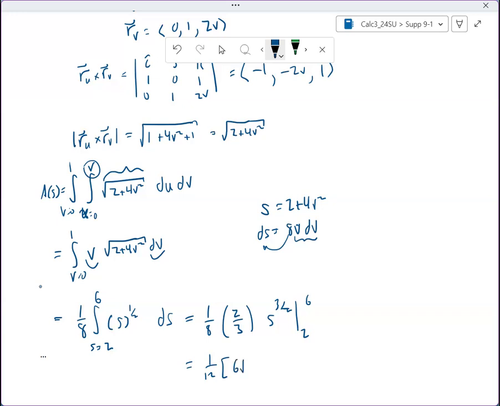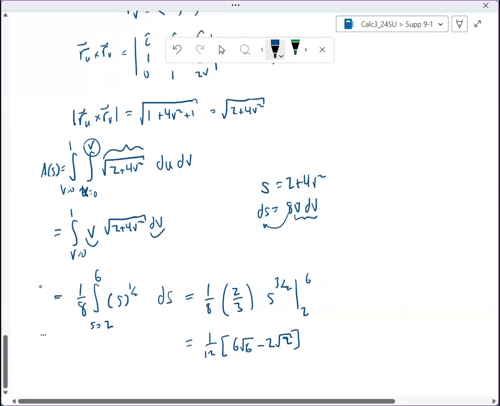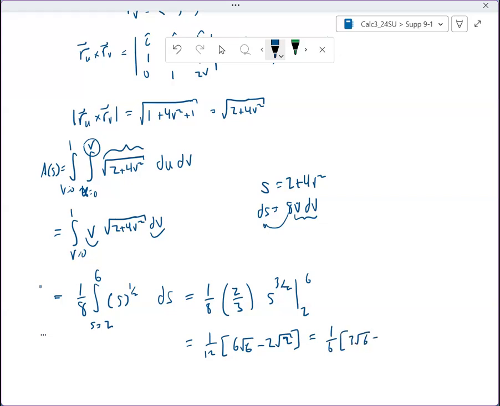So maybe I'll write this as 6 root 6 minus 2 root 2. That's probably about the nicest that we can make this look. Maybe I could cancel another 2. Let me go ahead and do that. So 1/6 times 3 root 6 minus root 2. Maybe that's about the best I can do.